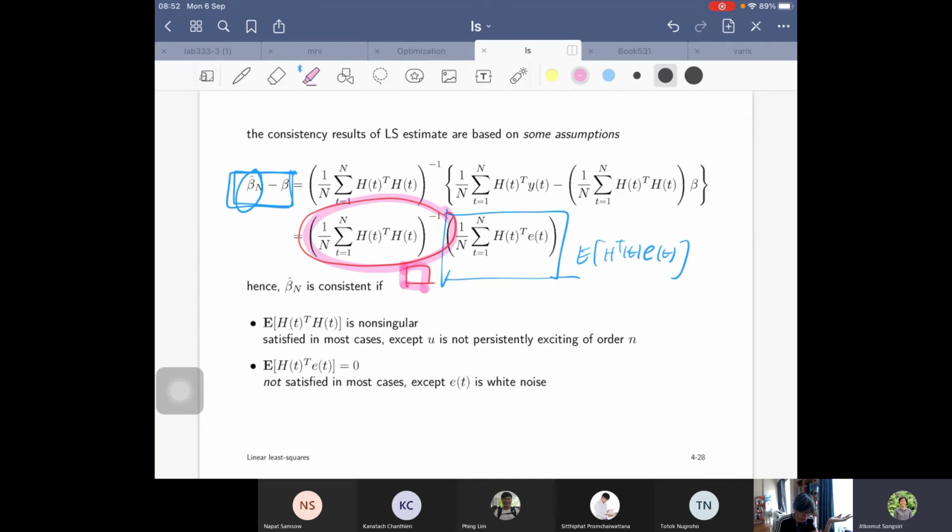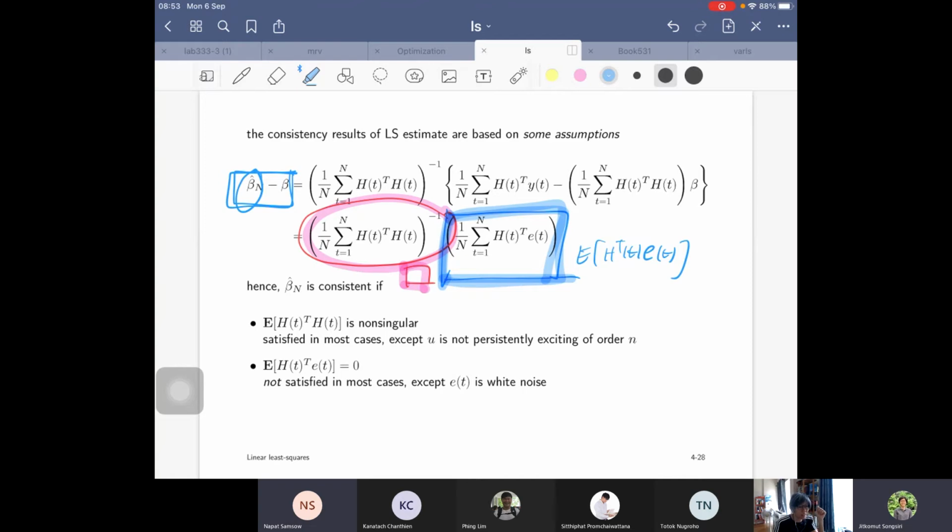But if we take a look at the blue term, if we want the bias beta hat minus beta to be small, we would want the blue box to be what? 0. Yes, but it's not going to be exactly 0 in the deterministic sense, right? Almost 0, onward to 0.